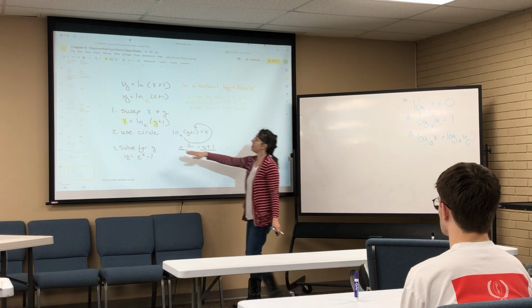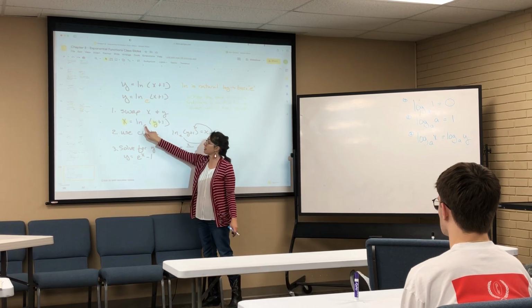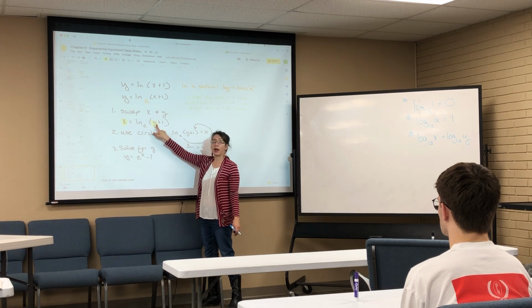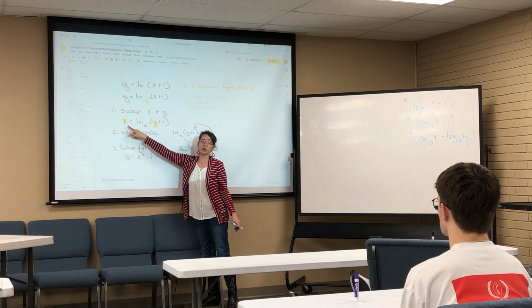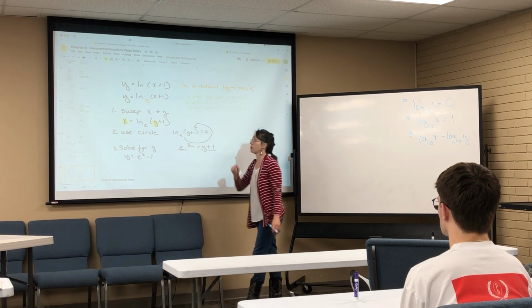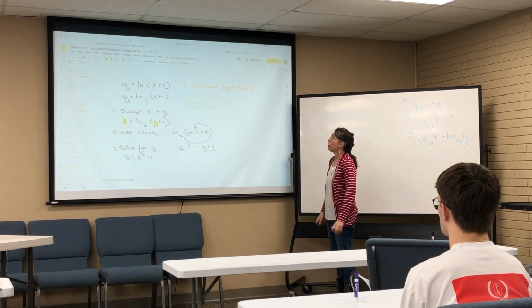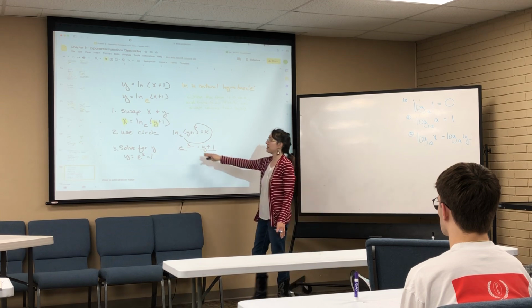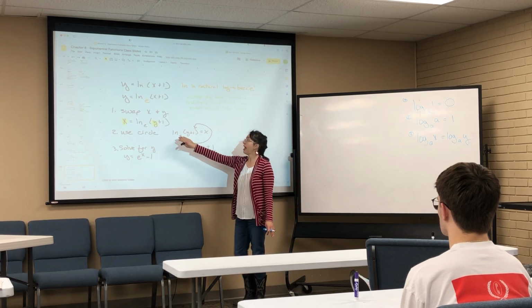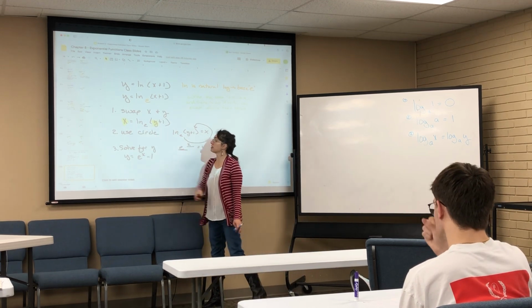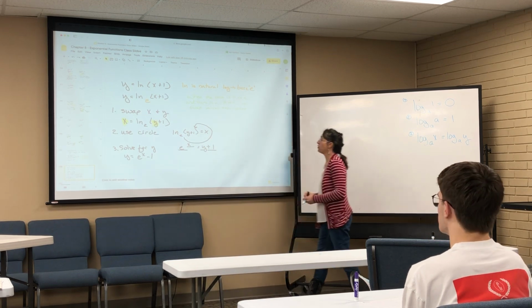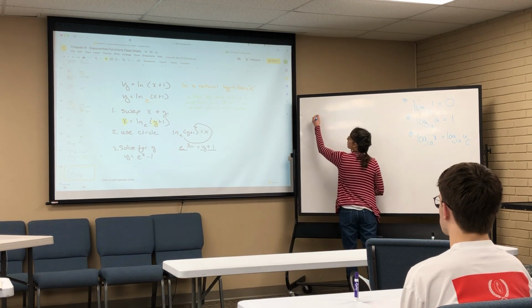The inverse of a natural log or of a log is the base raised to the power. That doesn't really help me right away if I were to immediately write the inverse. And so we're going to solve for y. This is where we get to use our log rule again. How can we rewrite the natural log of y plus 1 equals x?